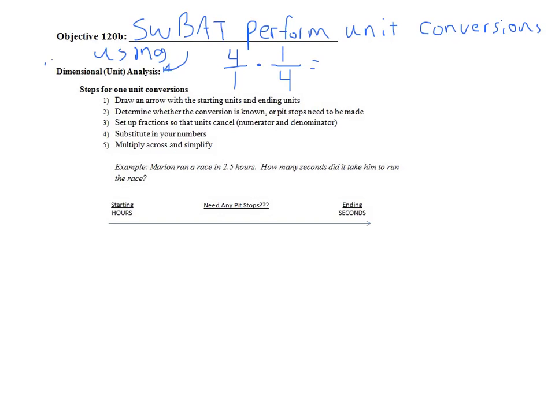When you multiply across, 4 times 1 is 4, 1 times 4 is 4, and 4 divided by 4 reduces to 1. So how do we get something in the numerator to cancel? We multiply it by the exact same thing in the denominator.